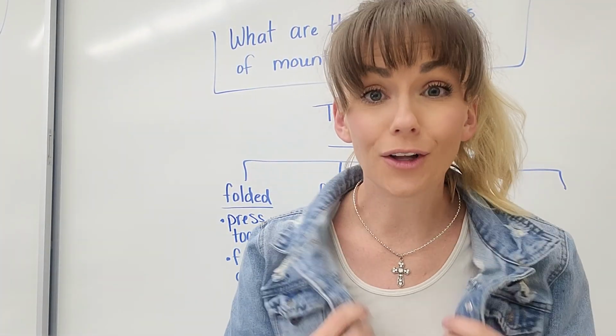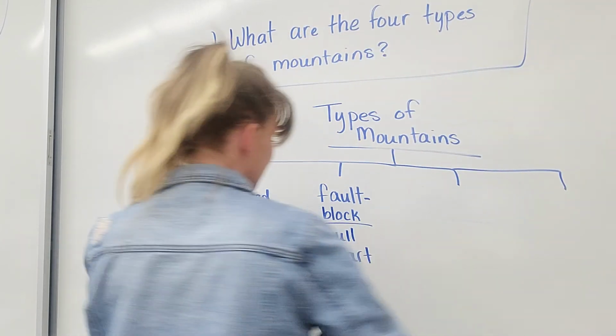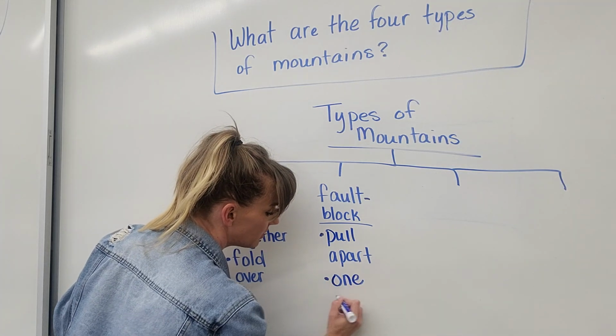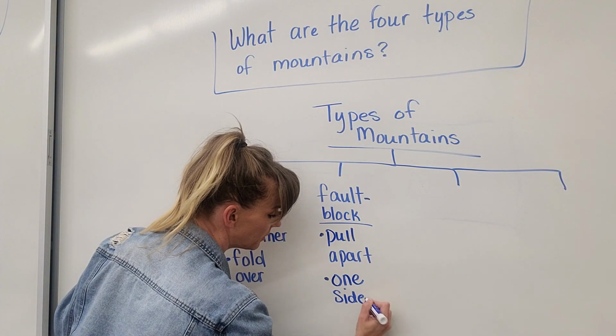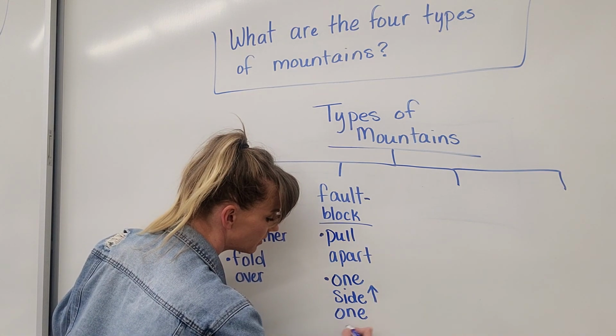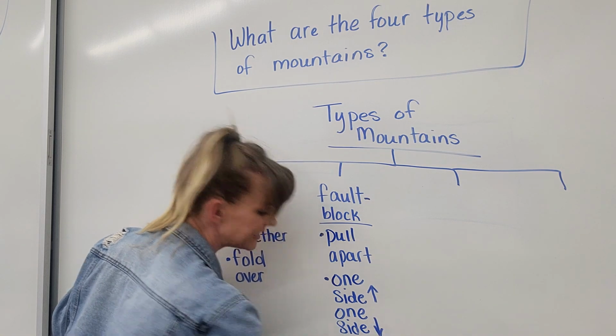And that's how those fault block mountains are formed. Let's write it down. One side, I'm going to put an arrow, goes up, and one side goes down.